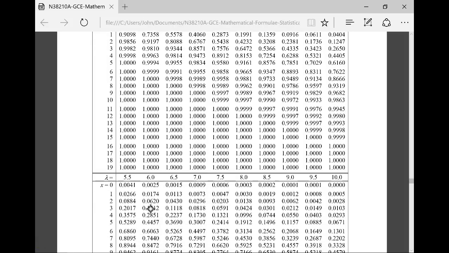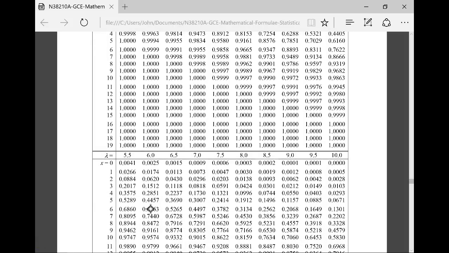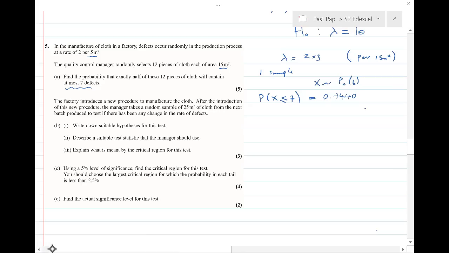So Poisson 6, less than or equal to 7, 0.7440, we can see here. So that's the probability that one single piece of cloth has at most 7 defects, but we've got 12 of these, so that's where the binomial bit comes in.